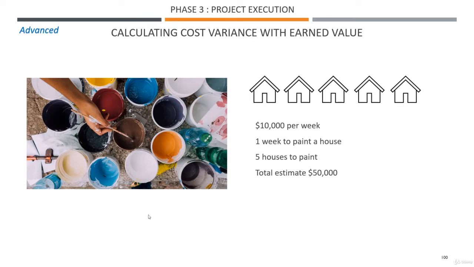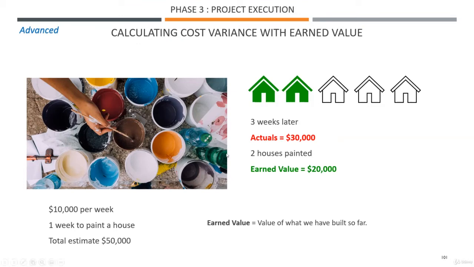It seems quite straightforward. Now you come back 3 weeks later, and your actual is $30,000 because you are paying this company $10,000 per week. So after 3 weeks, you have spent $30,000. But when you check, you notice only 2 houses have been painted, and the third one has not even started.